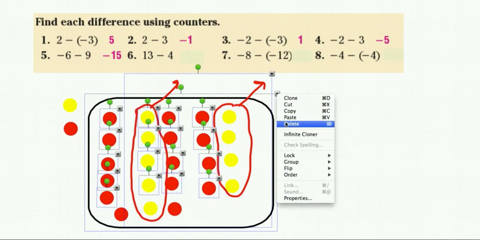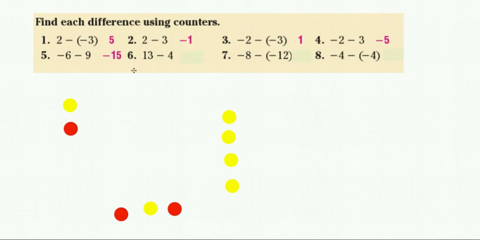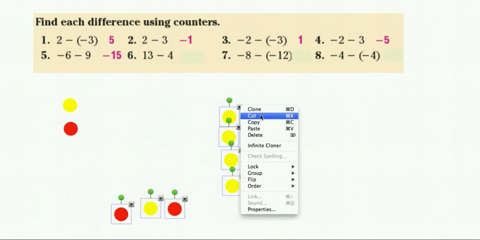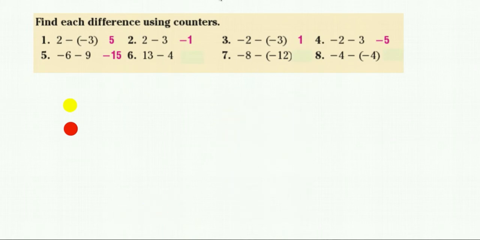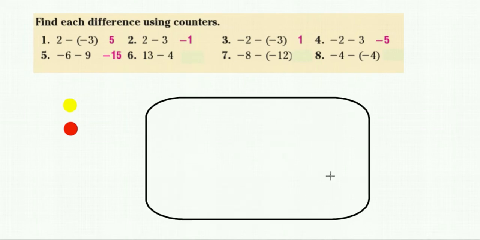Let's do that side first. I'll just take out everything and make a new mat. There you go. Okay, 13 minus 4.